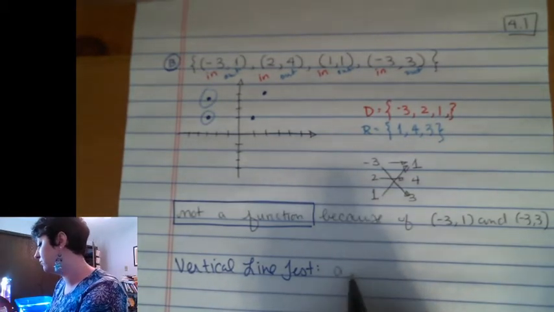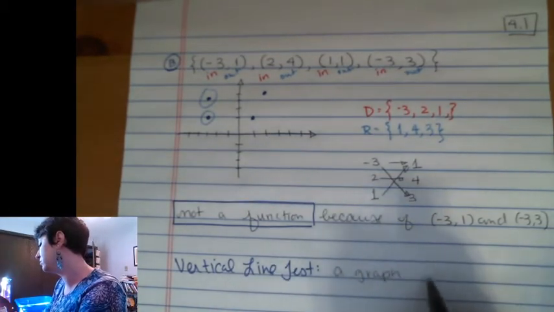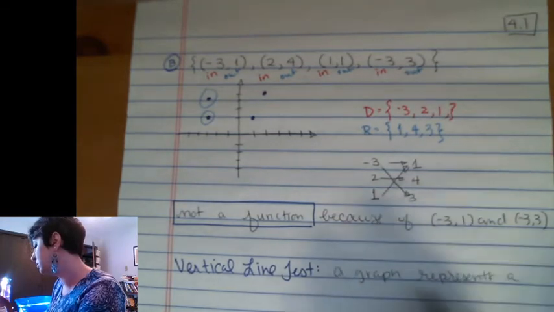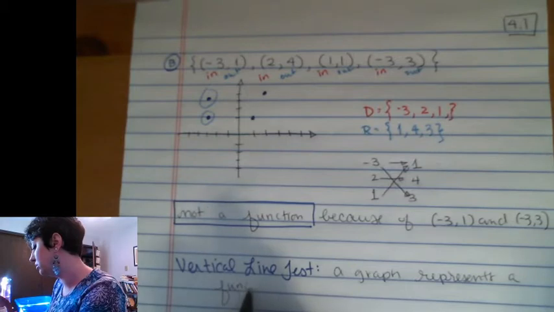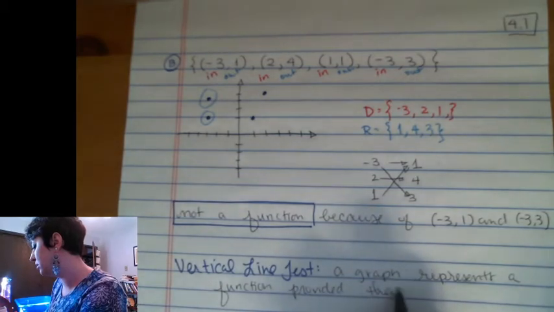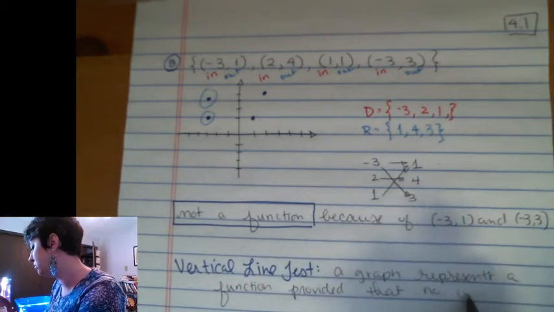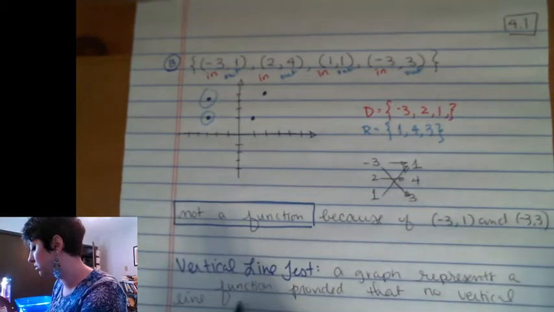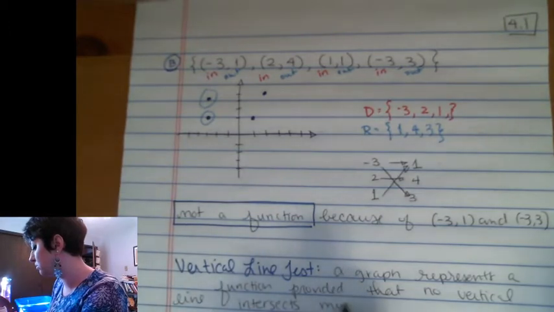So a graph represents a function provided that no vertical line intersects more than once.